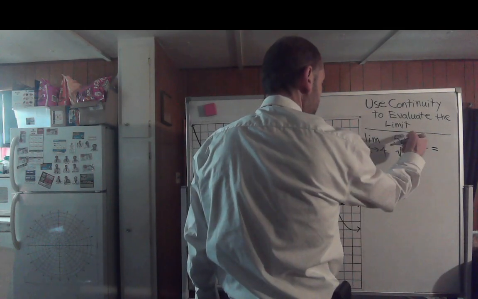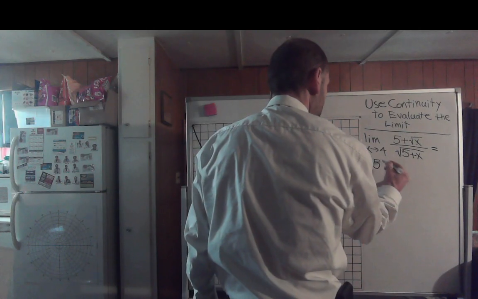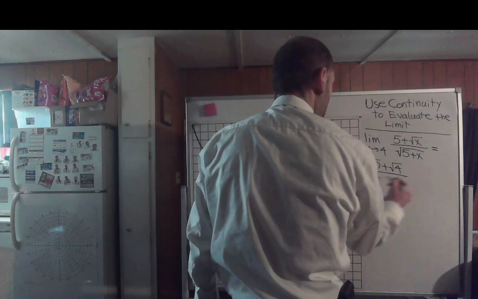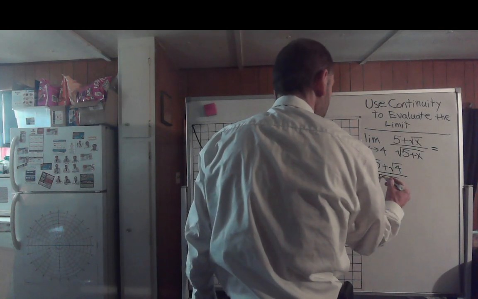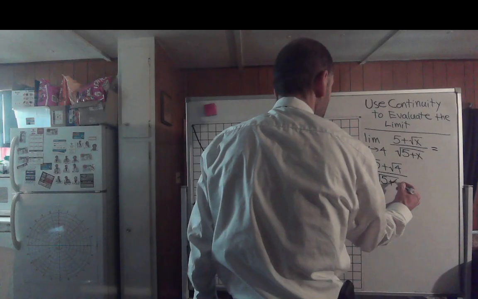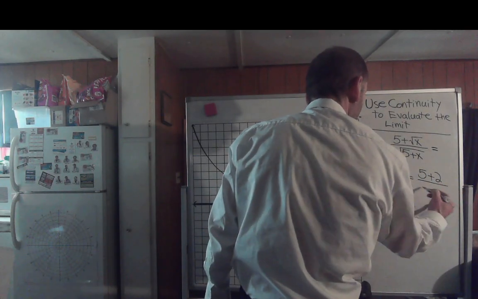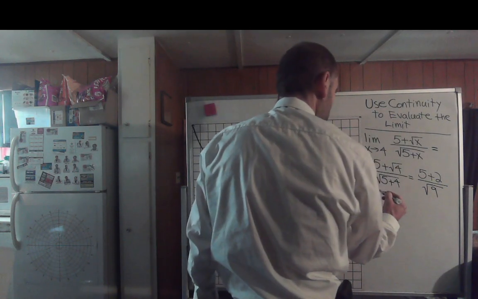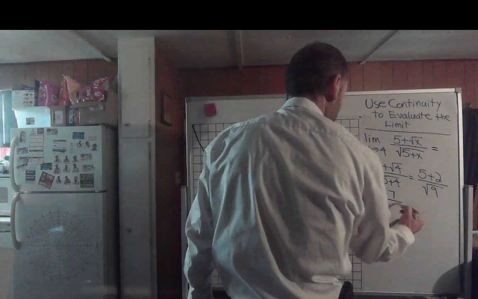So let's just use direct substitution. If you put in 4 for x, you would end up getting 5 plus the square root of 4 all over the square root of 5 plus 4, which would turn into 5 plus 2 over the square root of 9, which would give you 7/3.